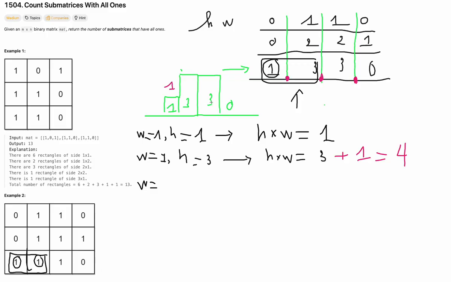That case is: what if the previous one has an equal or greater height compared to the current one? So this one is 3, right?